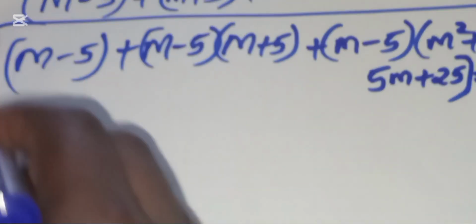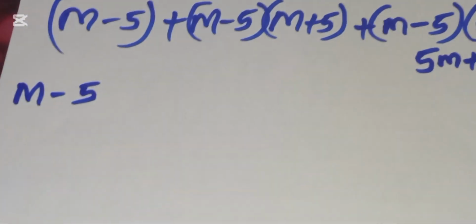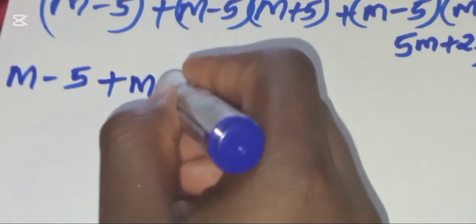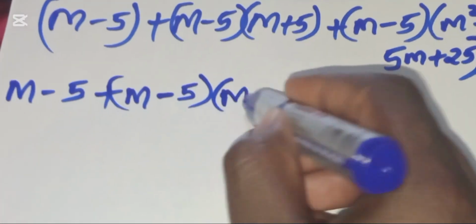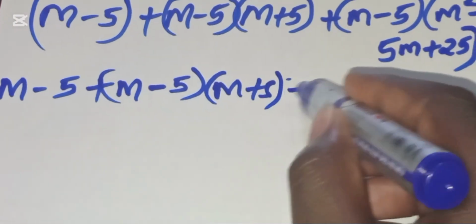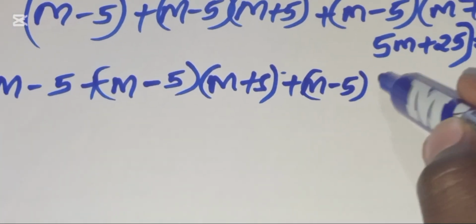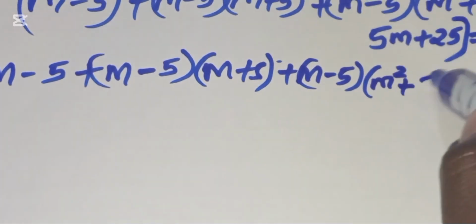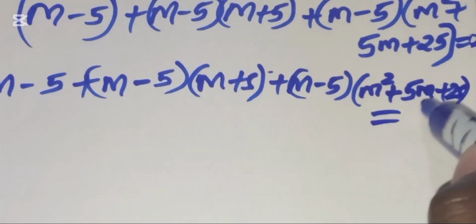So I can write this as m subtract 5, plus m minus 5 times m plus 5, the difference of two squares, plus m minus 5 times m squared plus 5m plus 25, equal to 0.